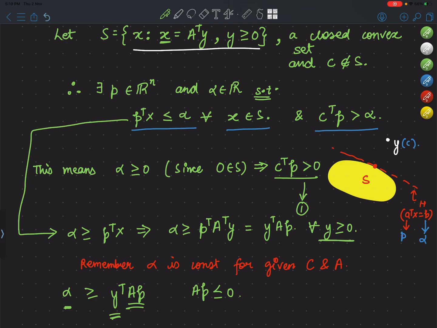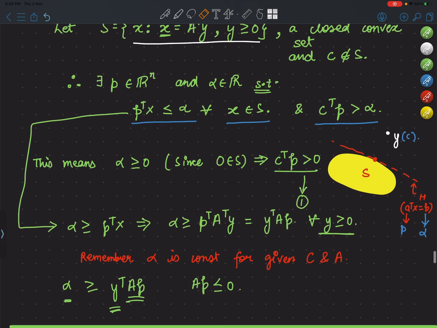So for this inequality to not fail for any Y, A P has to be non-positive, because Y can be made arbitrarily large.